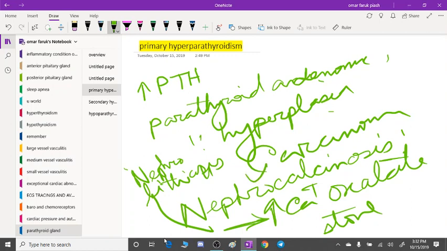On the other hand, in nephrocalcinosis there is metastatic calcification of the renal tubule, potentially leading to renal insufficiency and polyuria.